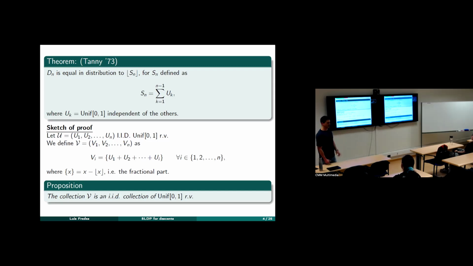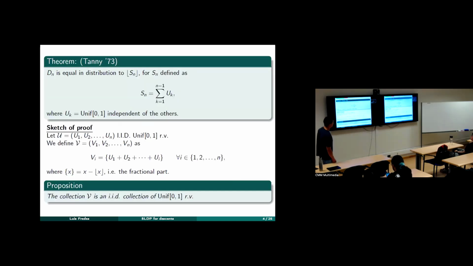The fractional part is what comes after the comma, and it will be very important. The fractional part is what stays above the integer part. The proposition is that this collection is an IID collection of uniform 0,1 random variables.